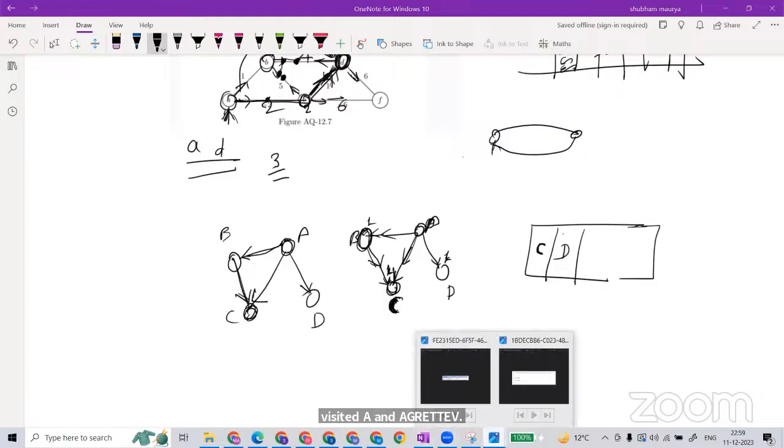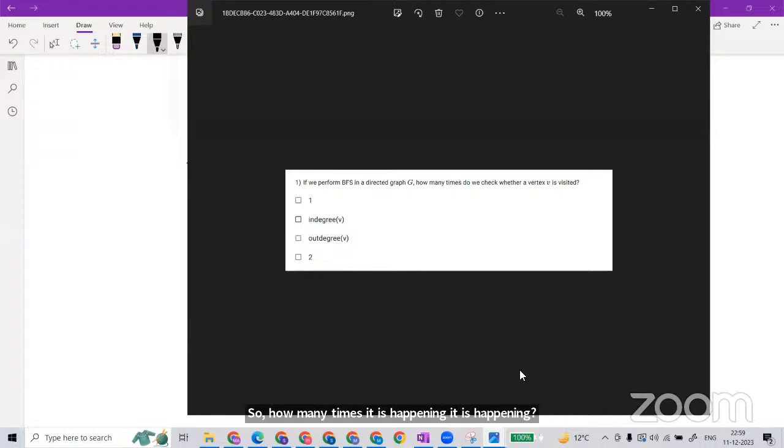So how many times is it happening? These two options are going to be true.